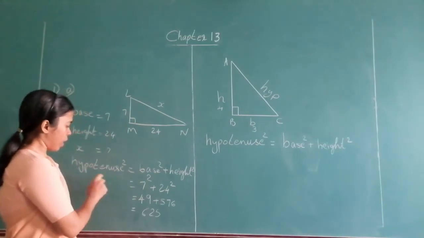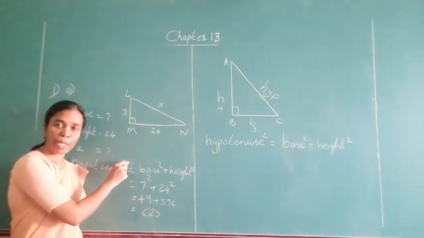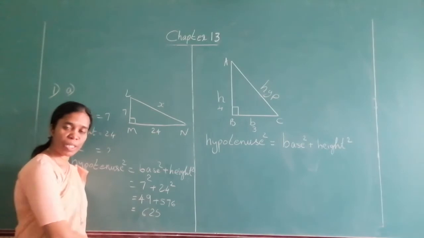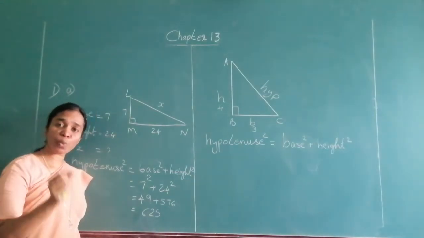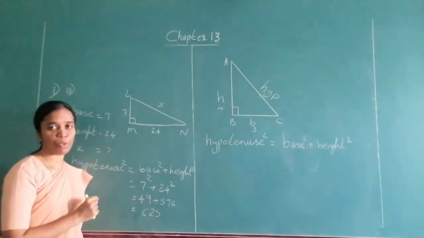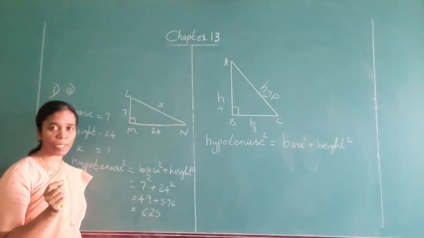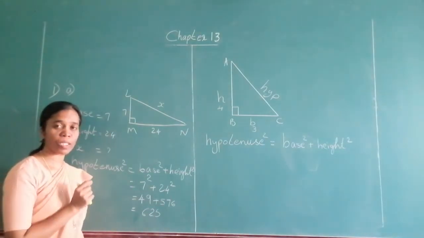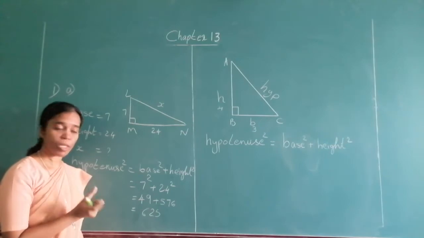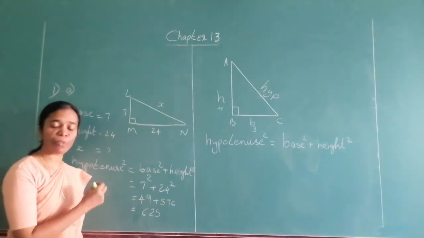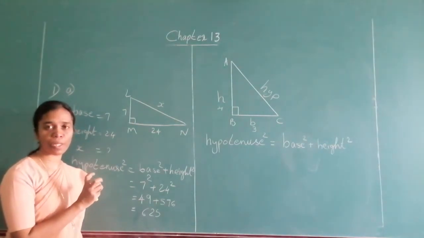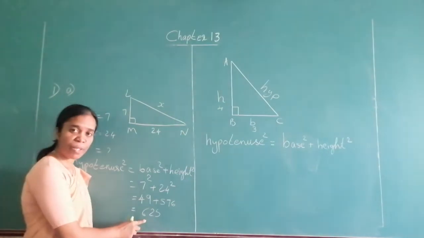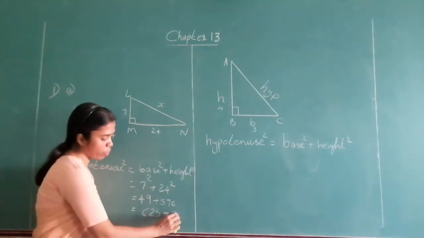Now, here you have hypotenuse square. So, whatever you get over here will be the square of a particular number. Now, you have already learned the squares up to 30. Okay, you have to learn the squares up to 30. If you learn up to 30, solving these sums will be very easy for you. Now 625 is the square of 25.